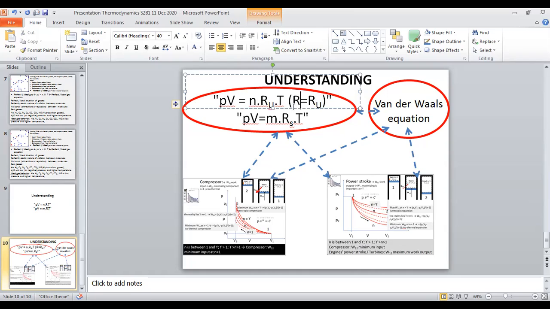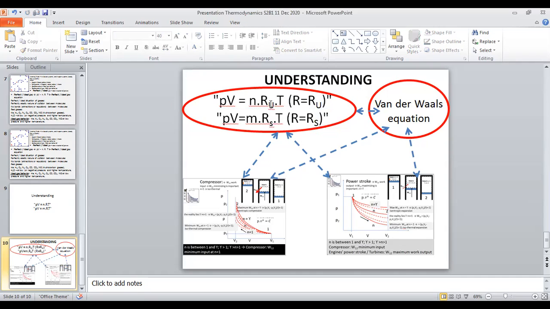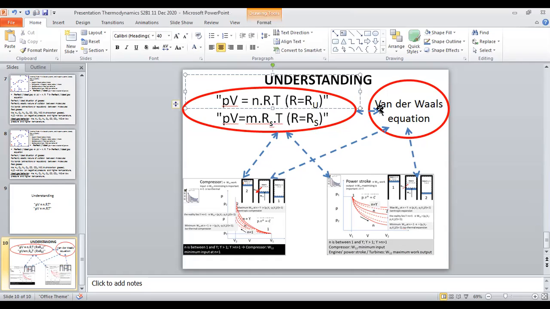This R is R_U. Okay, that's the situation. Here I put this R as R_S. And I keep it in nRT and mRT. These R's are different, okay?